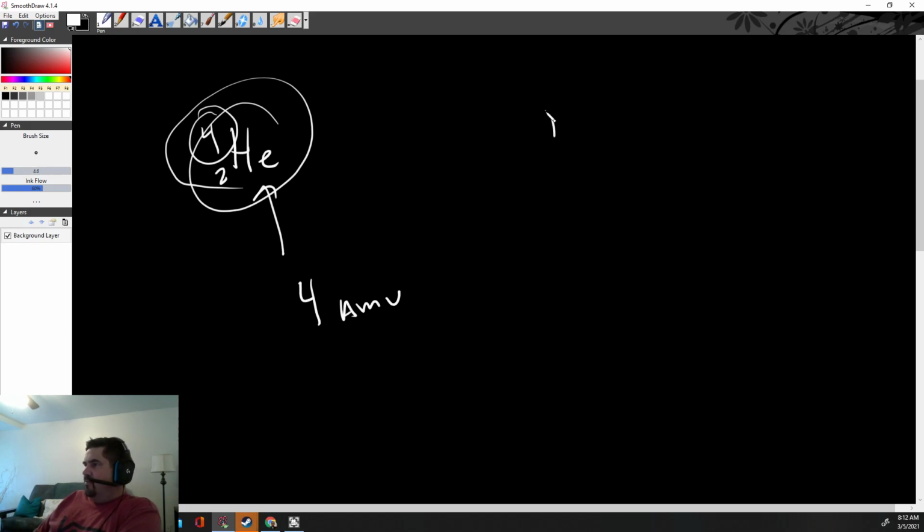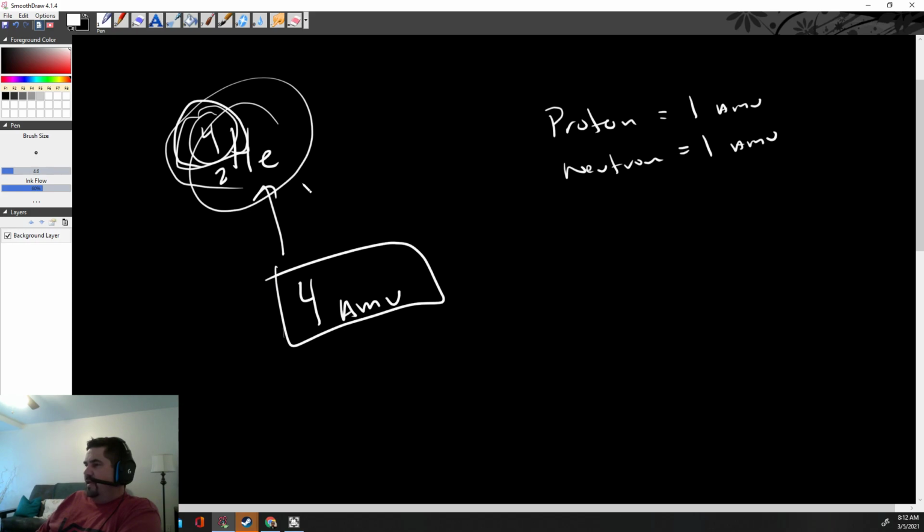Because a proton equals 1 AMU, and a neutron equals 1 AMU. And there's 2 protons and 2 neutrons, and that means there's 4 atomic mass units. That's how much that single atom weighs.